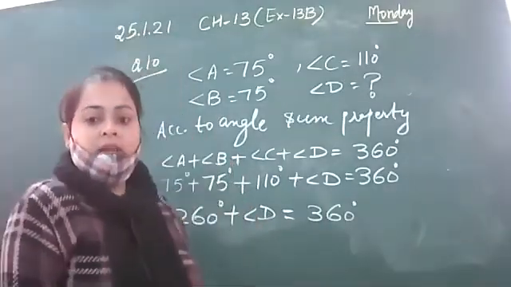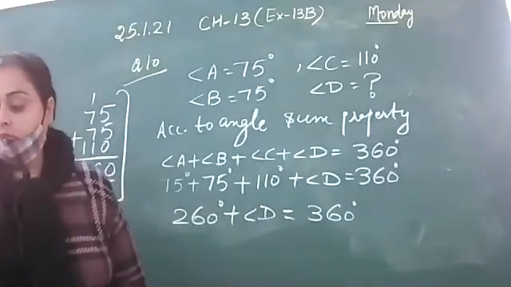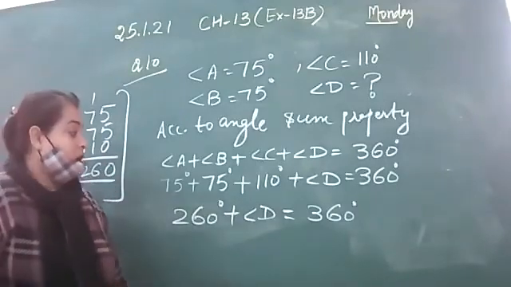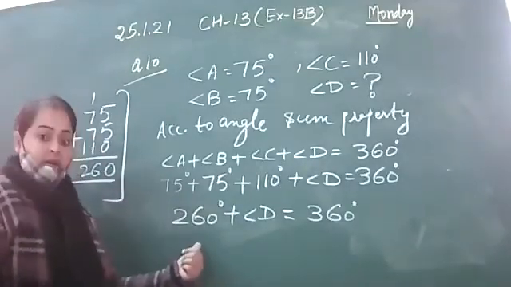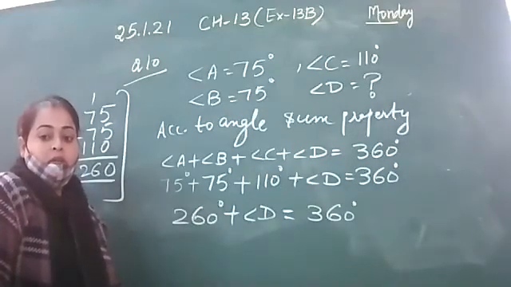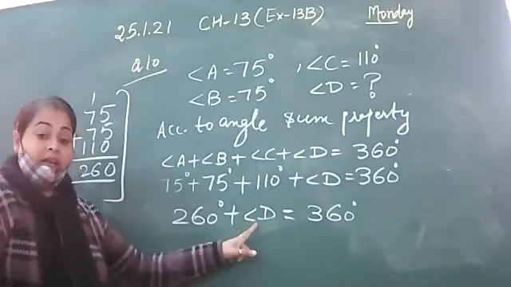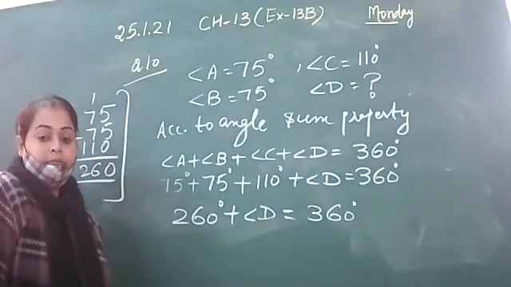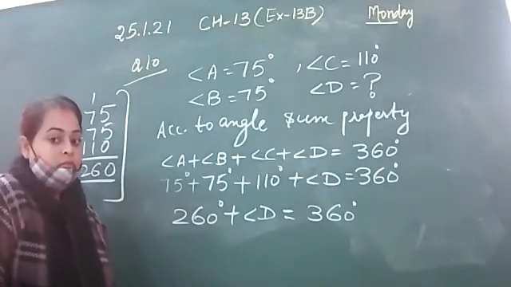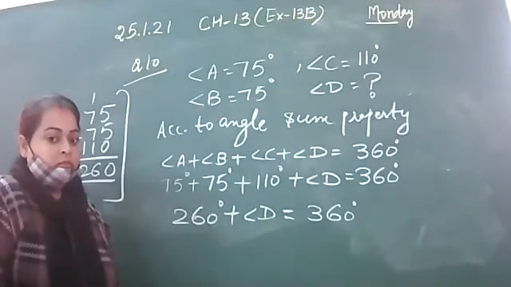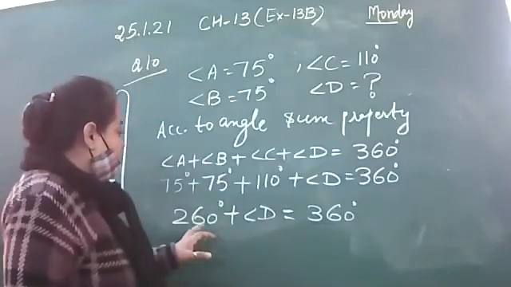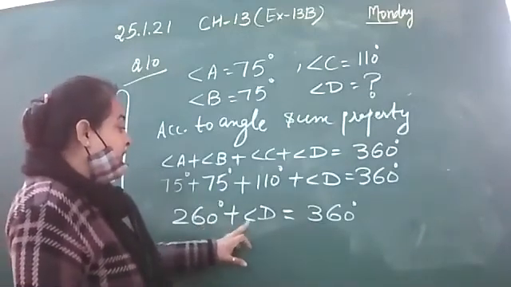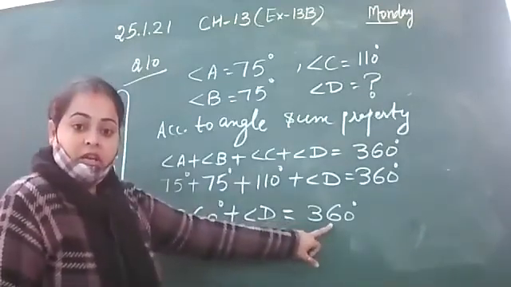Adnan, unmute yourself. Yes, ma'am. Good morning, ma'am. Good morning, Adnan. Tell me, what is the next step? How will you find the value of this angle D? Ma'am, we will write angle D is equal to 360 degree minus 260 degree. Well done. Very good. 260 degree plus angle D is 360 degree.